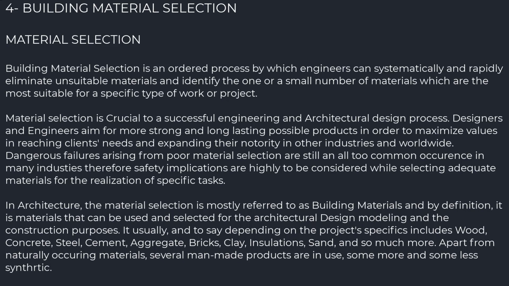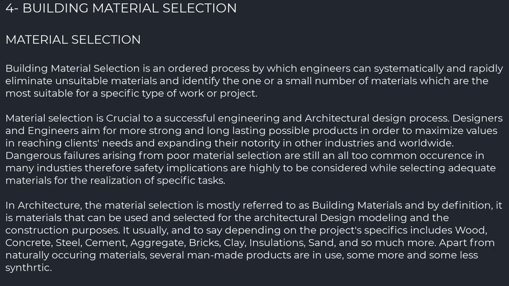Building material selection is an ordered process by which engineers can systematically and rapidly eliminate unsuitable materials and identify the one or a small number of materials which are the most suitable for a specific type of work or project.